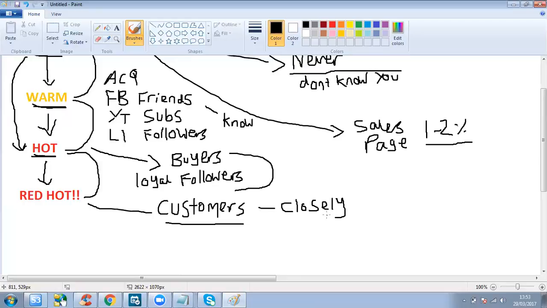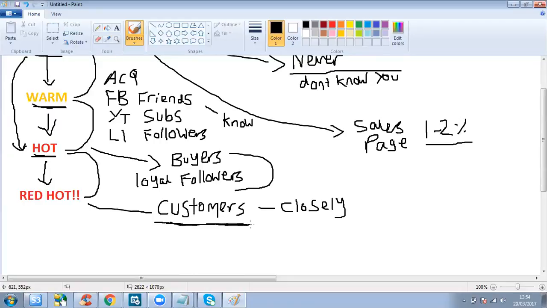Then chances are, if you say, hey, check this out, because they know you, because they like you, and because they trust you, they're probably going to check it out, and if it's good enough, then they're going to buy, right? So these are people who, not just one-time buyers, but people who you've built a very good friendship and connection with, and these are your red hot buyers.